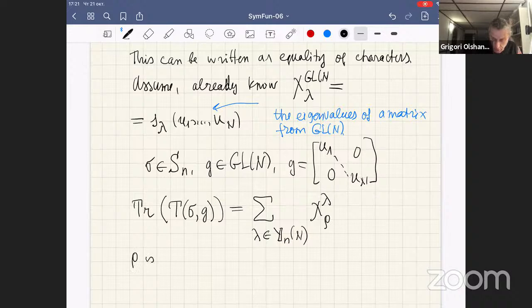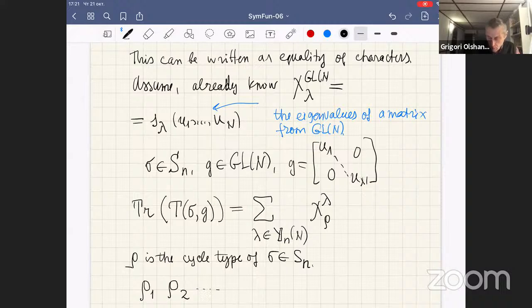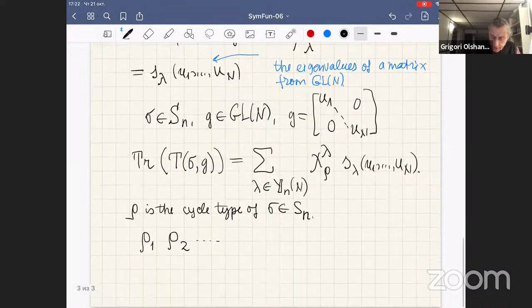So I assume that rho is the cycle type of sigma, which means that our permutation has a cycle of length ρ1 and a cycle of length ρ2 and so on. This just means that the cyclic structure of sigma is given by rho. And here we write the character of G, which I assume we know is the Schur polynomial. And it remains to check.